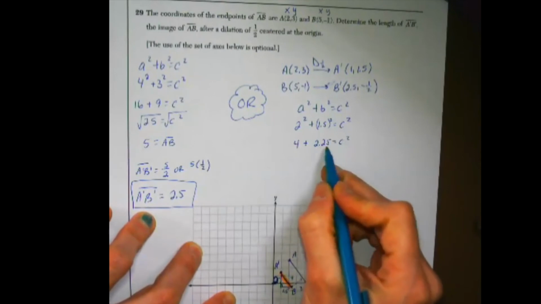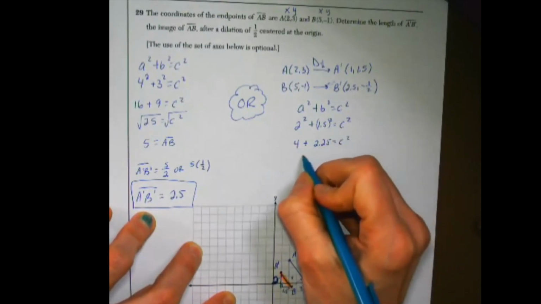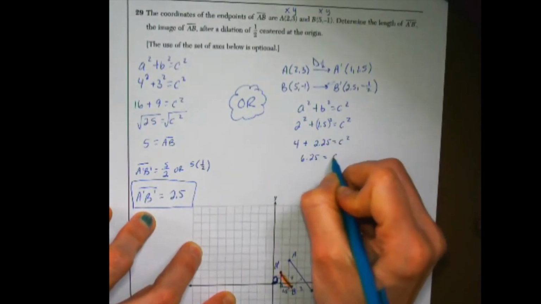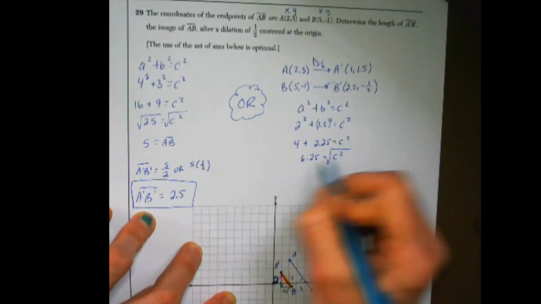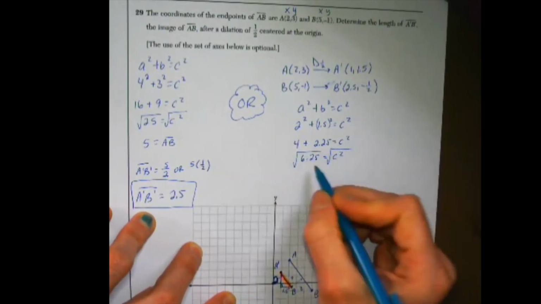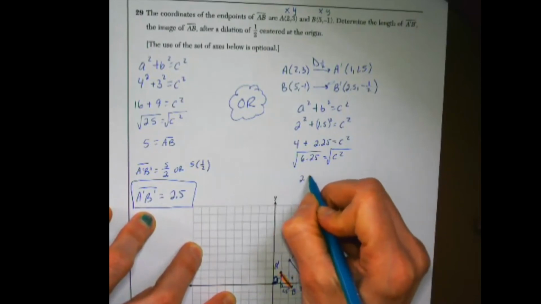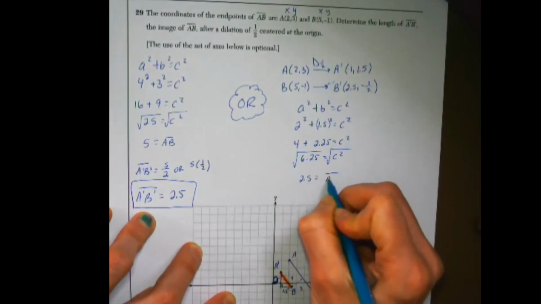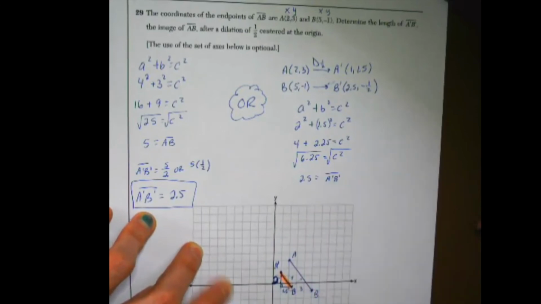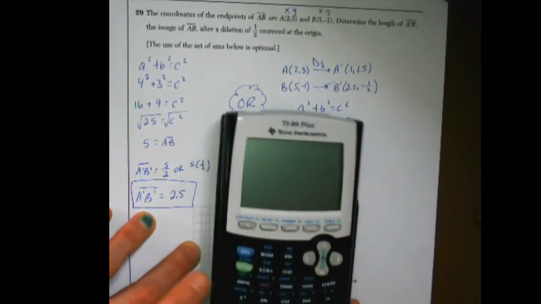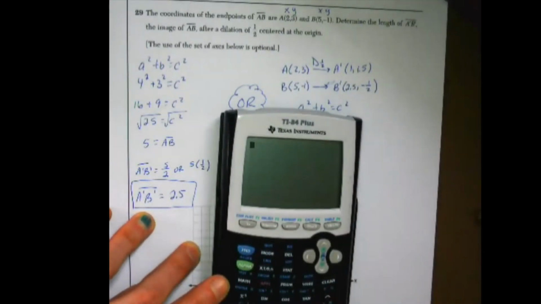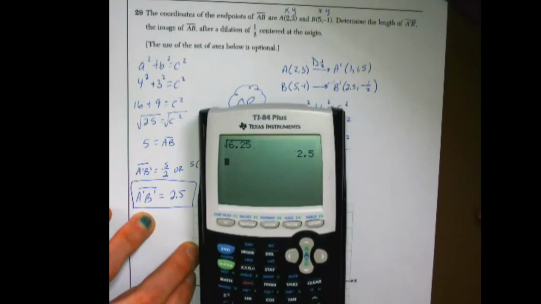When we add 2.25 plus 4, that gives us 6.25 equals c squared, and the opposite of squaring is square rooting. The square root of 6.25 is actually 2.5, and that's going to be the length of A prime B prime. I'll just show you that math right here on the calculator. It is the square root of 6.25, and there's where that 2.5 comes from.